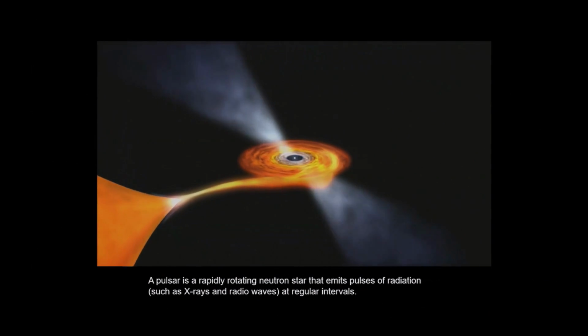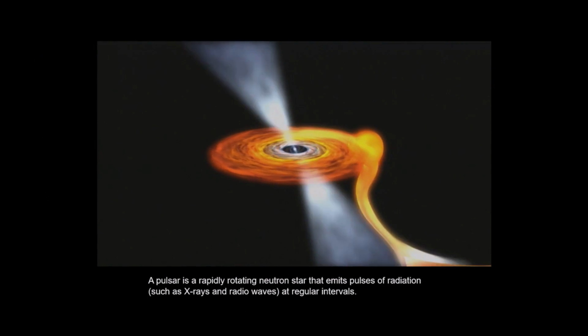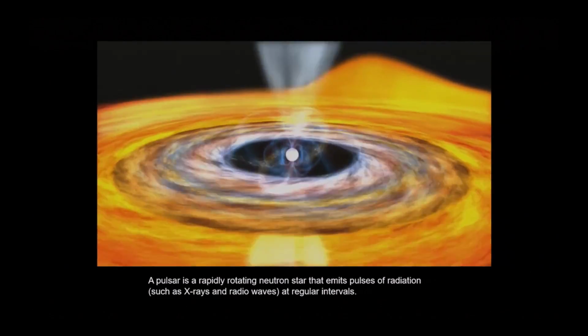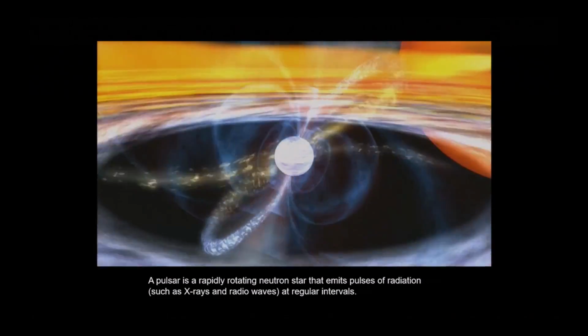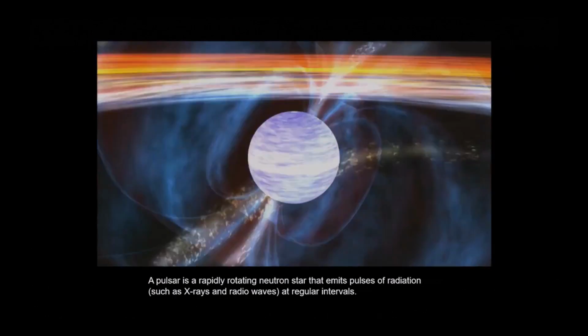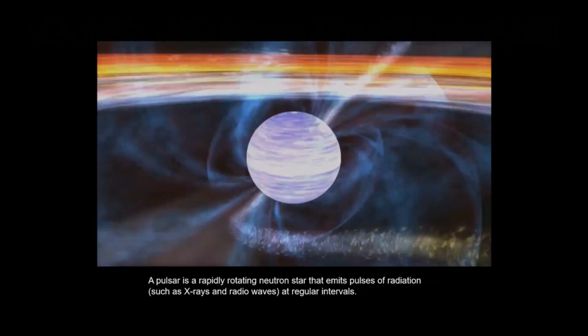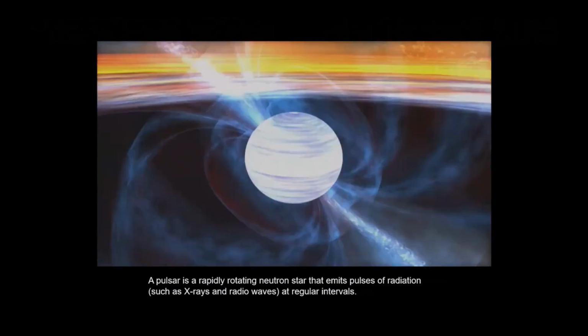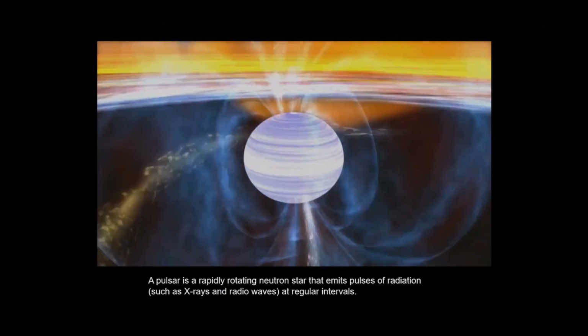So what is a pulsar? What we use is a millisecond pulsar. Those come from rapidly rotating neutron stars, and those rotating neutron stars will emit radiation like X-ray and radio waves at a regular interval because they are rotating again and again.